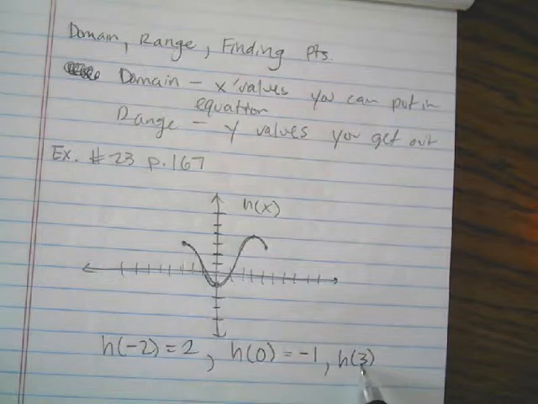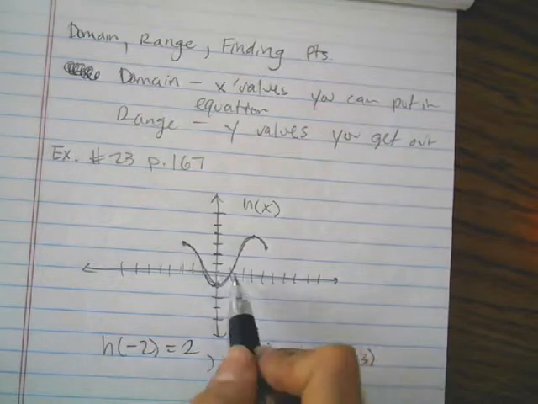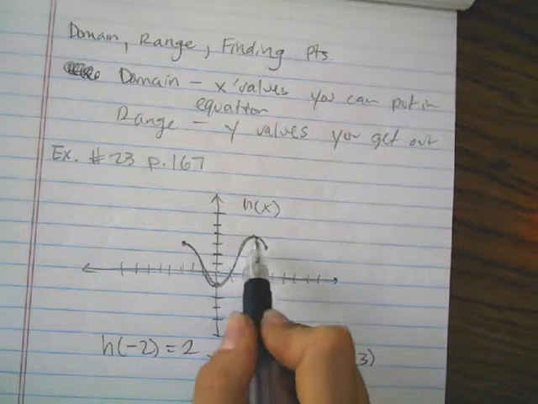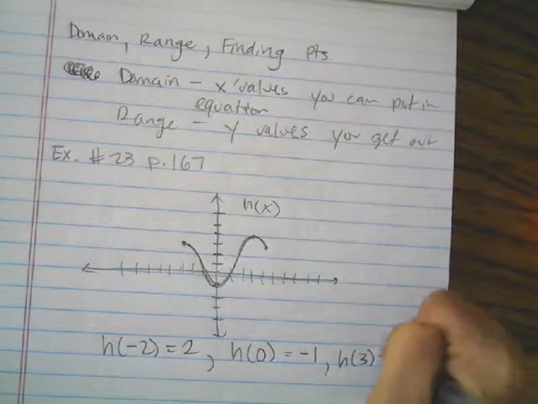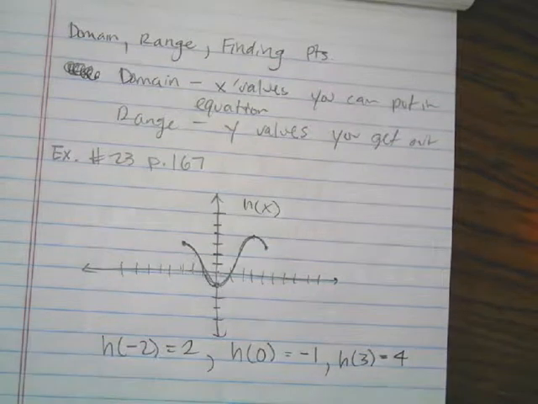H of 3 would be, go out to 1, 2, 3. Where is this point? It's at 4. So the y value is 4. So if they ask you to find points on a graph, you have to find the x value and then trace it to find the y value.